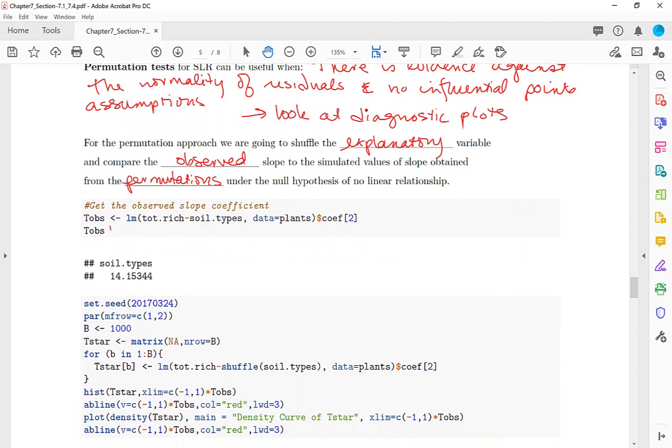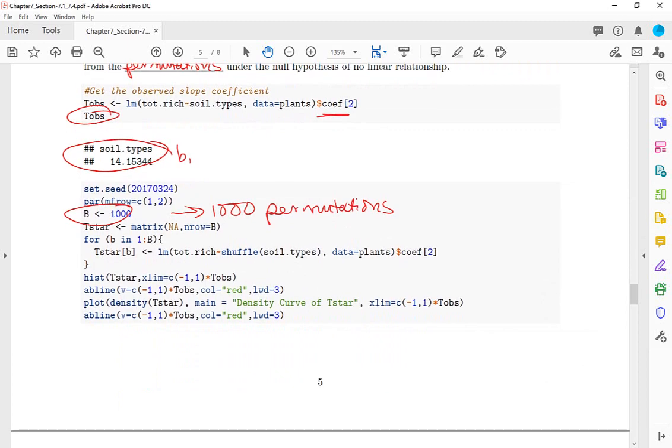So here we're finding our observed value and we're assigning the slope. So we get a slope of 14.15. This is our estimated slope. We're creating 1,000 permutations of our slope, assuming the null is true, assuming there is no linear relationship between our variables.